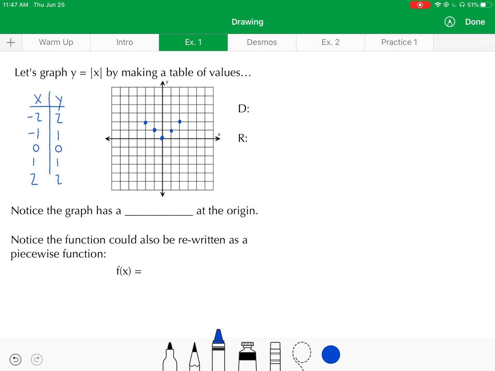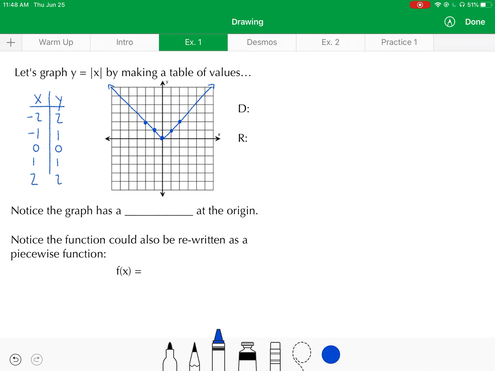All right, so obviously we could plot more points, but I think you can see the trend here. What's happening is we're getting what I'll describe as a V for a graph. And a couple things to notice here. First of all, the graph is of a function. It passes the vertical line test.